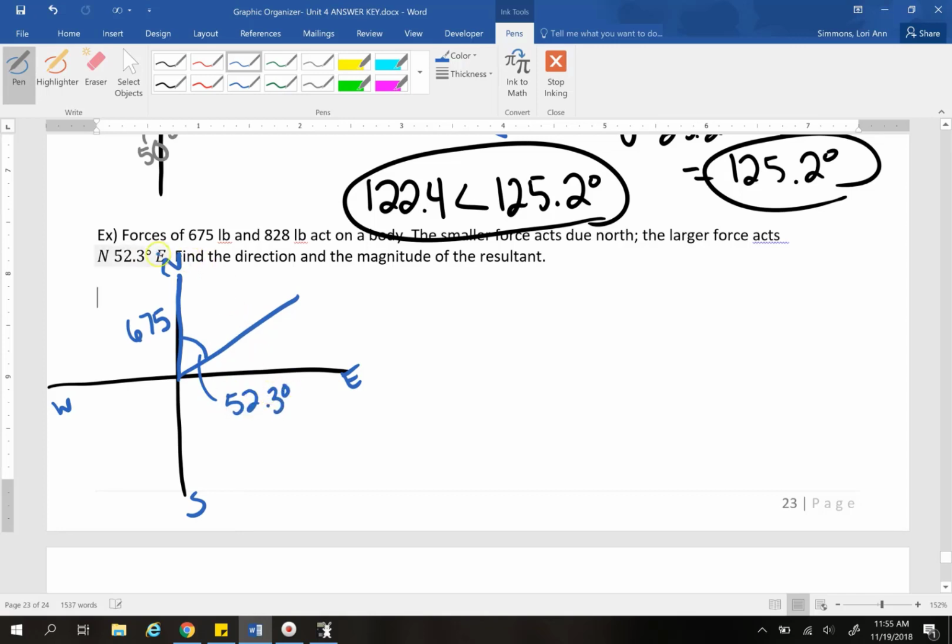Now be careful, if it said east, then north, this would have been 52.3 degrees, and then you would have had to subtract that from 90 to get this angle. This is 828. The resultant is in the middle, and then we can extend our parallelogram.